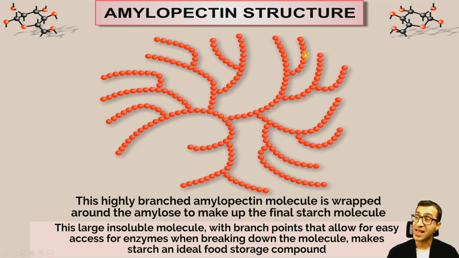So the more of these ends that you have, the easier it becomes to release large numbers of glucose molecules all at once into solution for use in respiration, for transport to other parts of the cell, or for other functions.